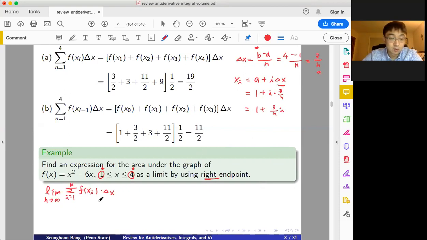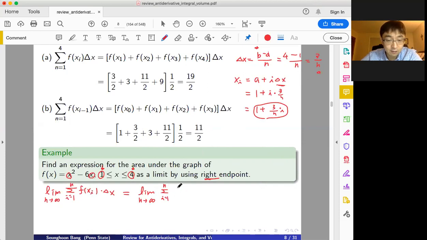So what is the answer? The final answer is the next one. Limit as n approaches infinity, summation i equal to 1 to n. So we have f of xi. You can plug xi, 1 plus 3i over n, into this x.